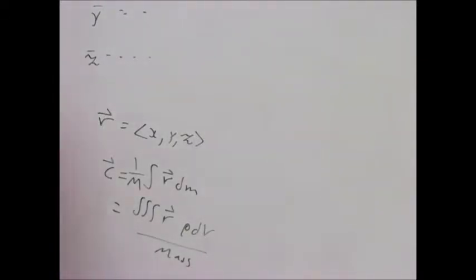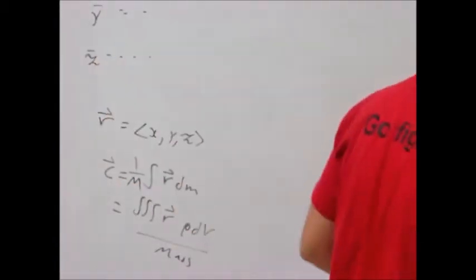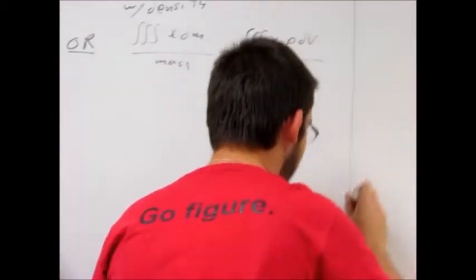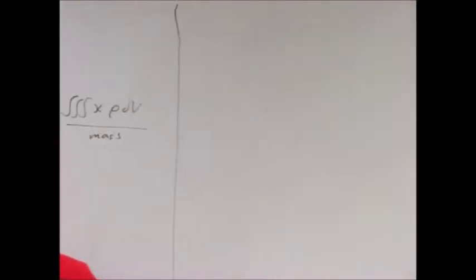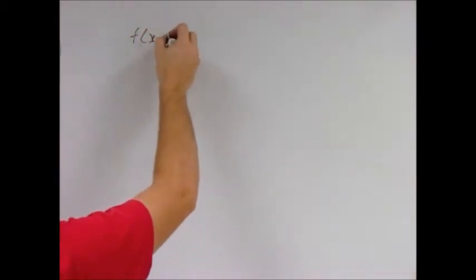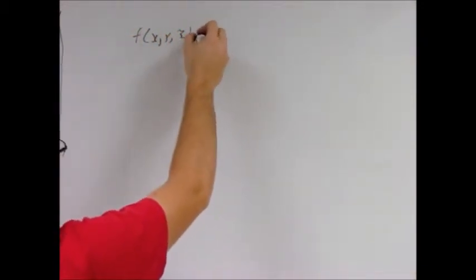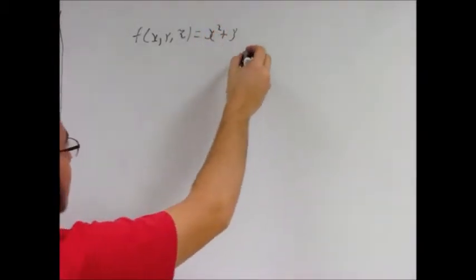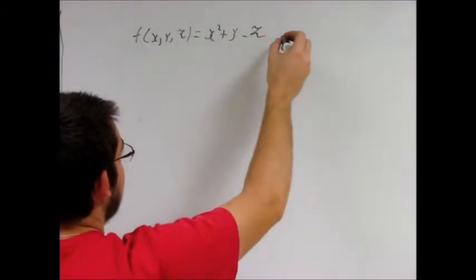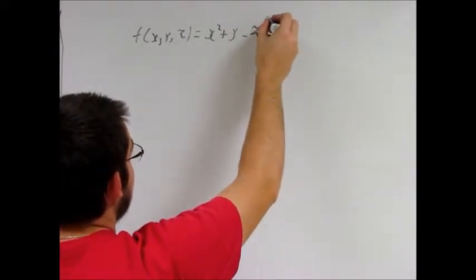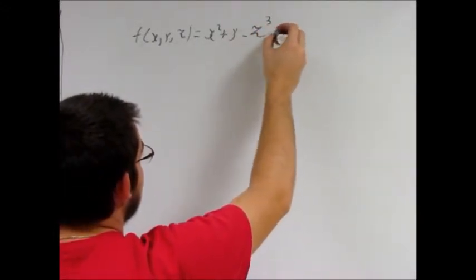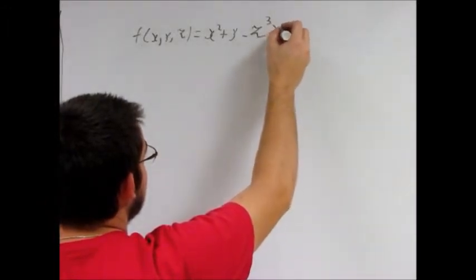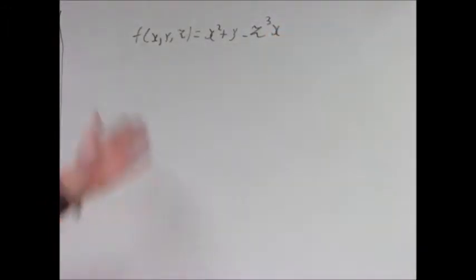So let's do an example to sort of see how this can be done. Let's take an easy function. f of x, y, and z, let it be x squared plus y minus z cubed x. Something like that. It's a random function.